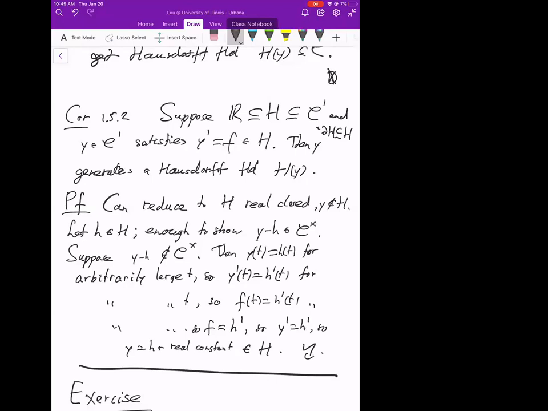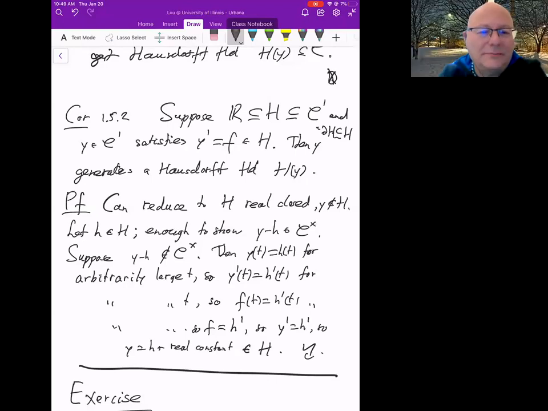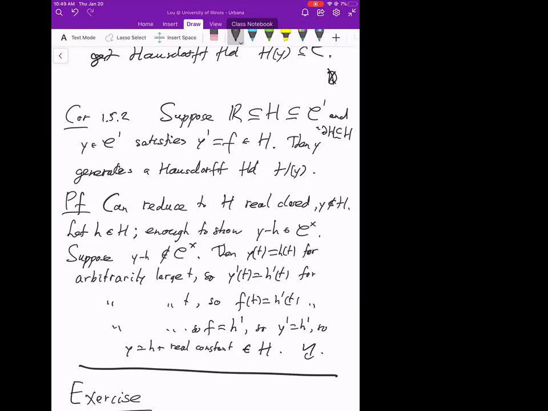I'm talking about the third and fourth line. Well, this is Rolle, right? If you have C1 functions that are equal at two points, t1 and t2, then the derivatives are equal at some intermediate point of the interval.